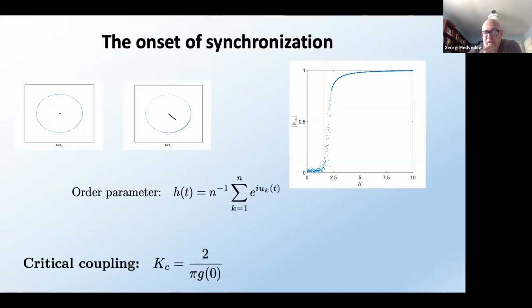This model illustrates an interesting phenomenon: the transition from incoherent or mixing dynamics to synchronization.